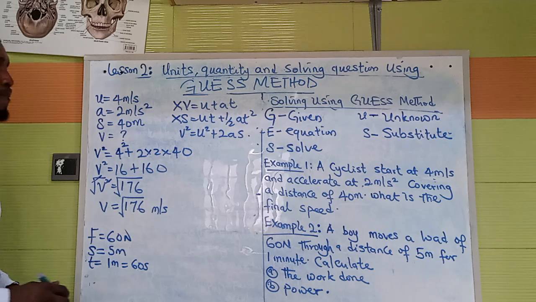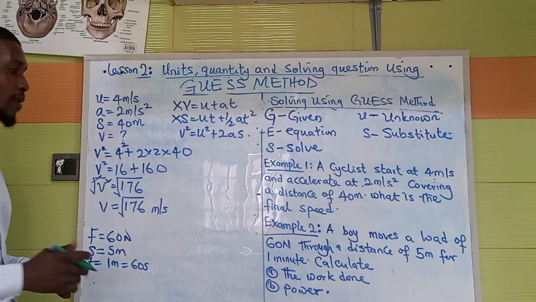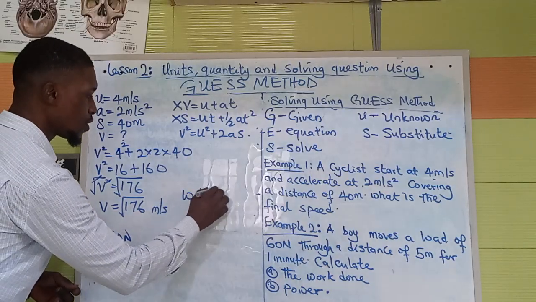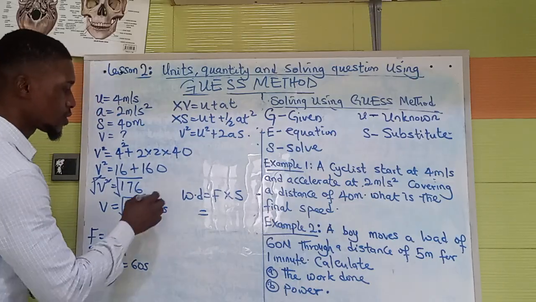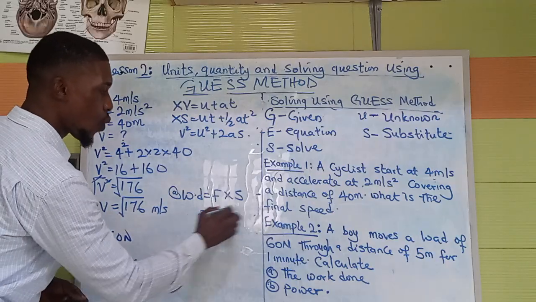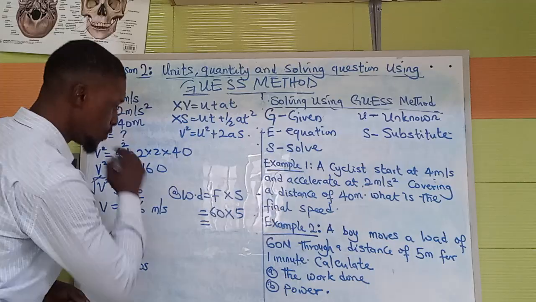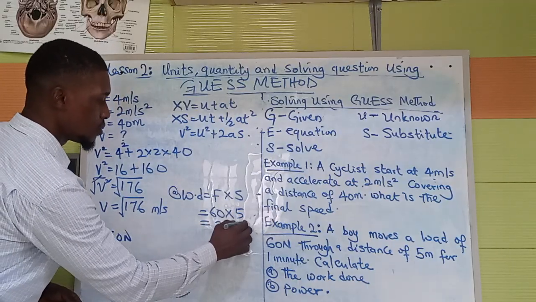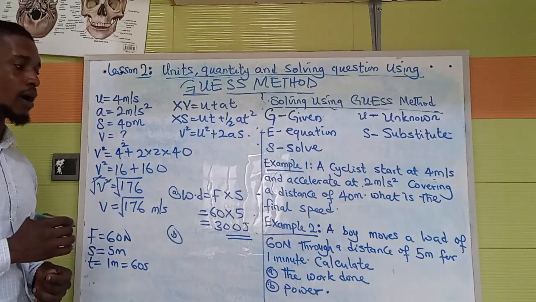So from here, if you've done work done and power, the formula for work done, WD, is equal to F times S. Let's call this A. So this becomes equal to your force, 60, times 5. That will give you 300 joules. For B, we have to calculate the power.